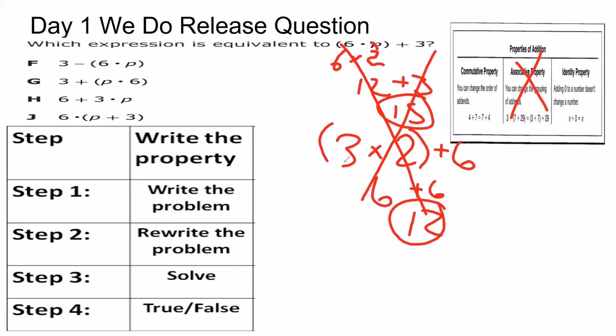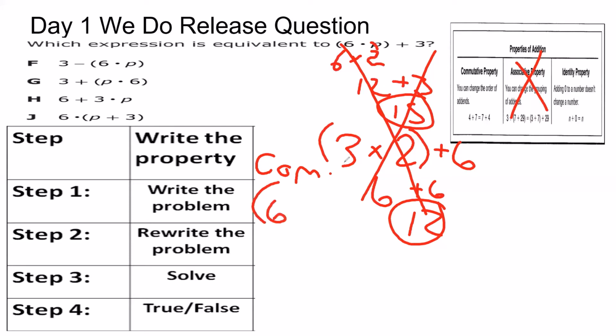So all I have to do now is change the order of the way the addends are presented. So I can just change the way the equation is presented. Now, before I start working, I know that I'm going to be using the commutative property. Let's write the problem.